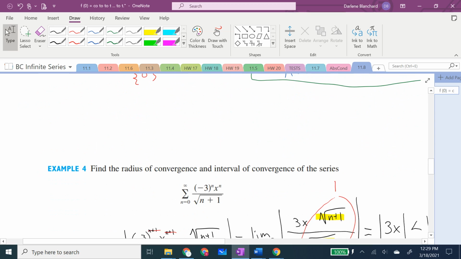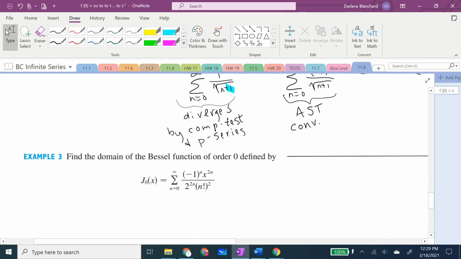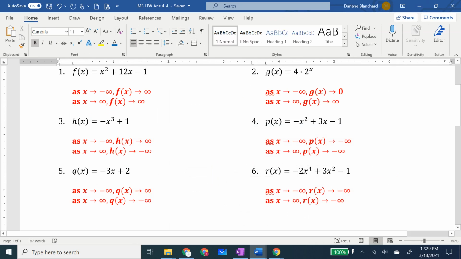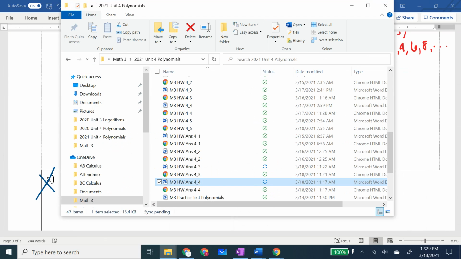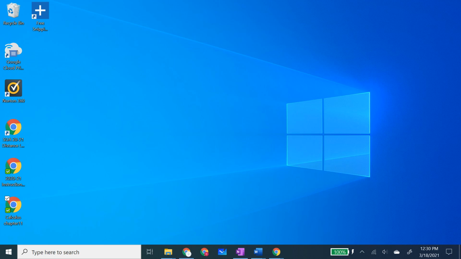Now, actually, before I go on to the next example, which is an interesting example, you have at this point had enough to be able to understand what you need to do. And I need to grab something that I forgot to paste down here. No, okay, just down. There we go.